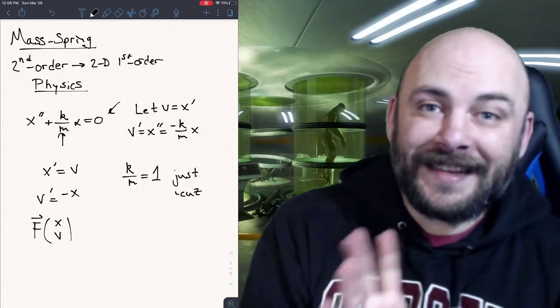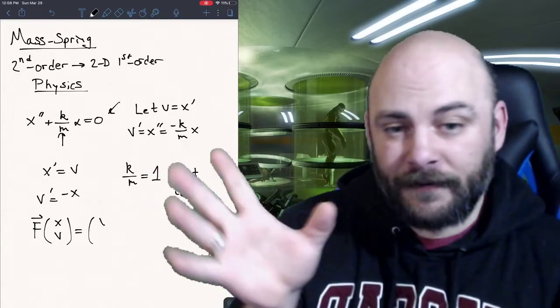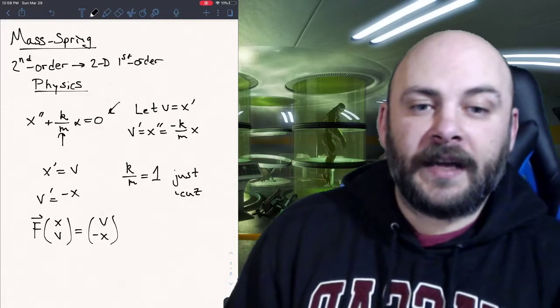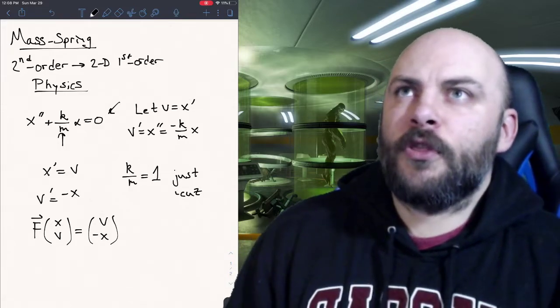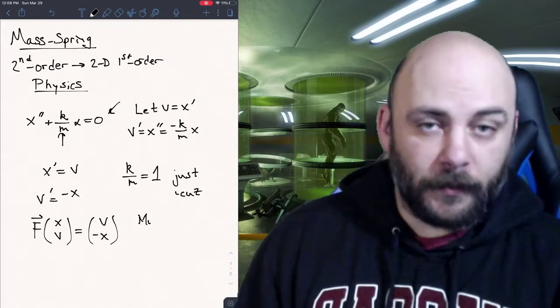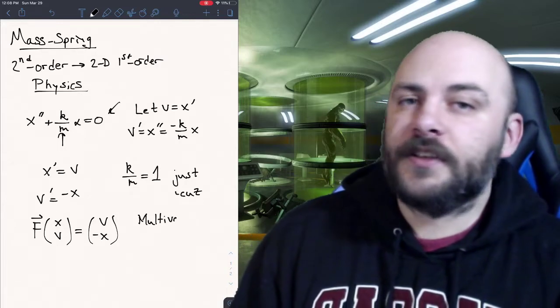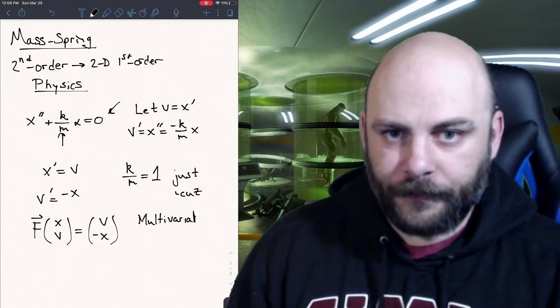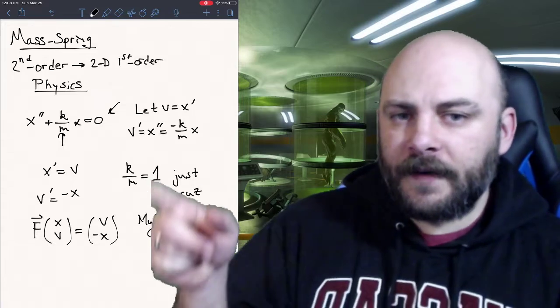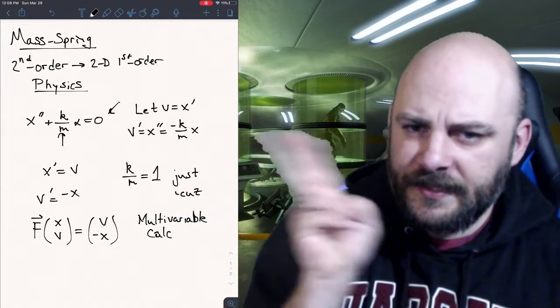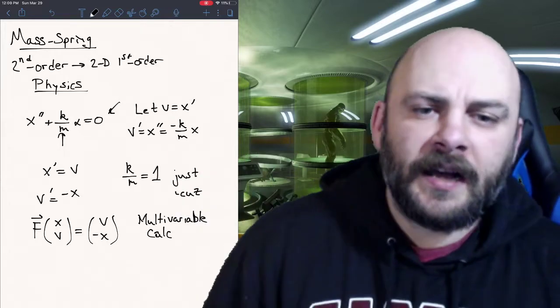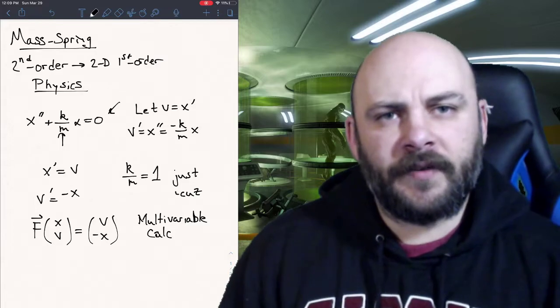I want to think of that again as a vector field or a vector valued function f on x and v, which equals v and negative x. Now, if we think really hard back to multivariate calculus, this was a prototypical example. If I look at my second order differential equation, it's a little hidden there, but if I look at the system of differential equations, take a function x and its derivative will be v.